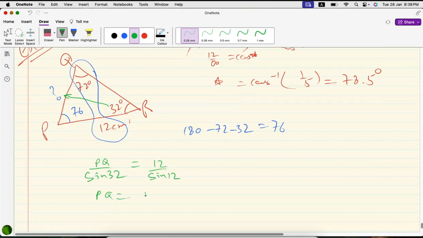So PQ is equal to 12 over sine 72 times sine 32. And it comes out to be 6.686, approximately equal to 6.7 centimeters.